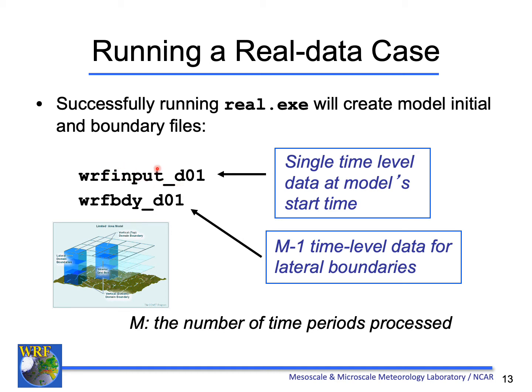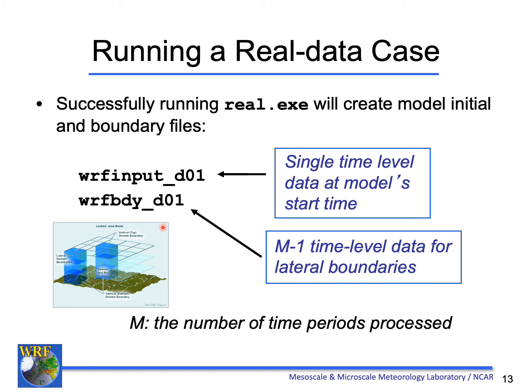The WRF input file contains atmospheric data as an input to the model at the model start time, while the WRF BDY file contains data along the model domain lateral boundaries. The WRF input file has atmospheric conditions at a single time, and the WRF BDY provides atmospheric conditions along the lateral boundaries and for the entire simulation period.